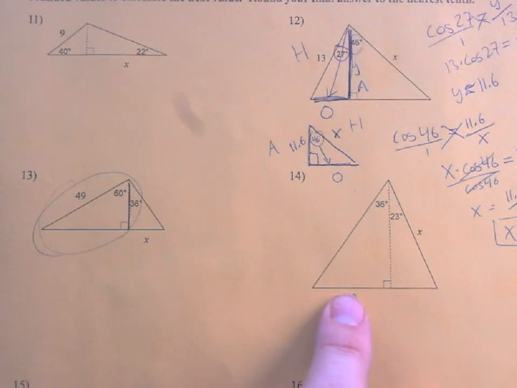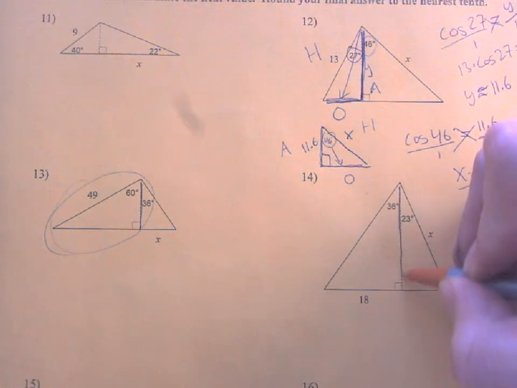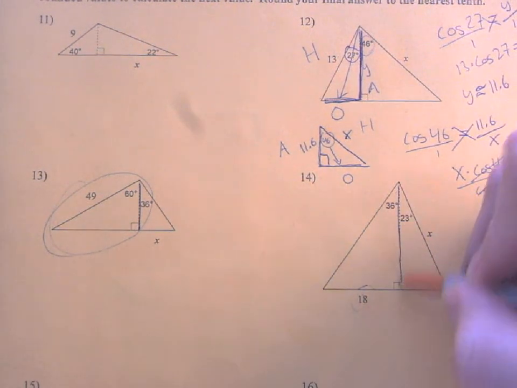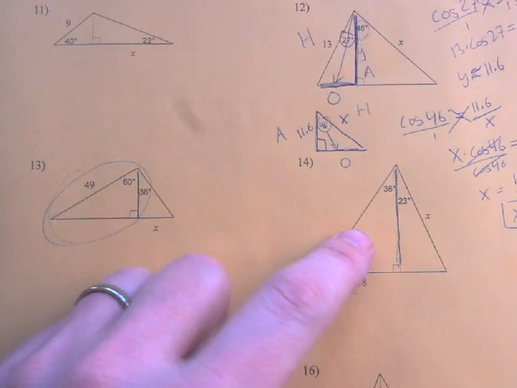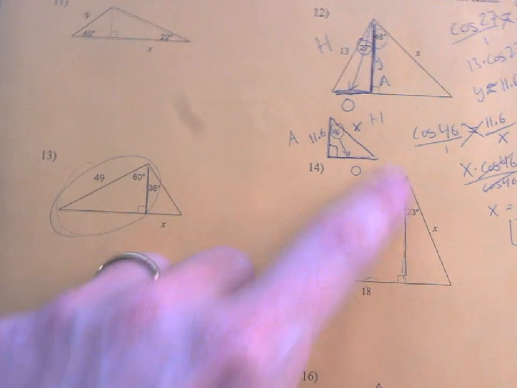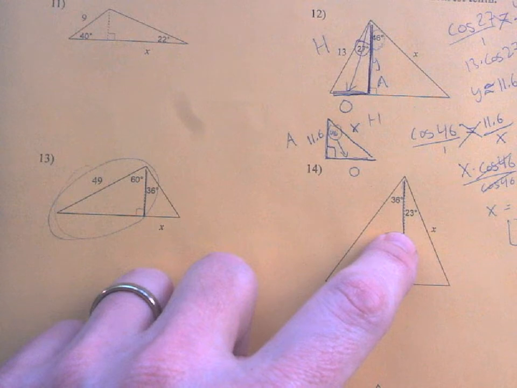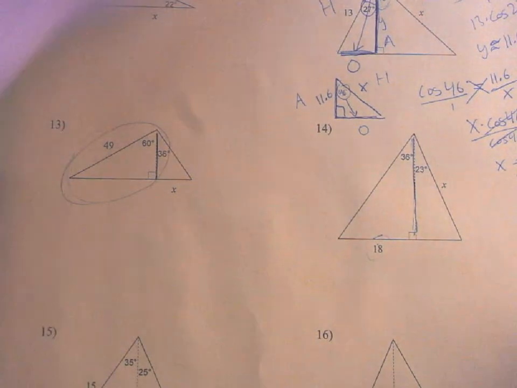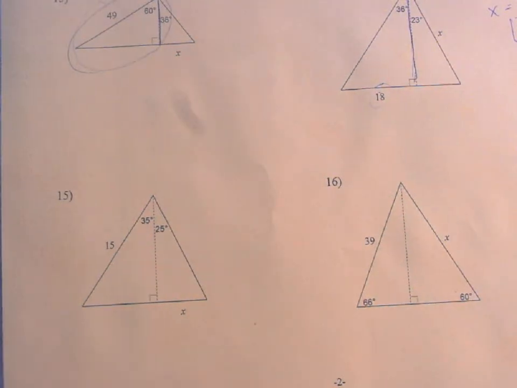Okay, over here, you're going to be using tangent because we want this side, the opposite of 36, and this side that's adjacent to 36. So here you'll use tangent of 36 equals 18 over, whatever you want to label this, y or whatever. Solve for y, and then use that number to help you find x. Kind of same thing down here.